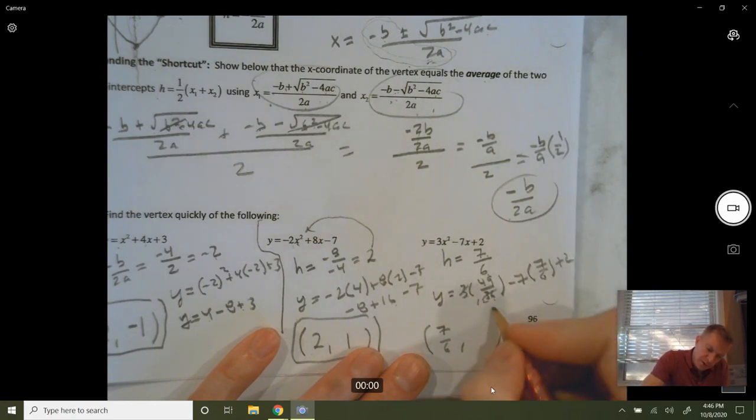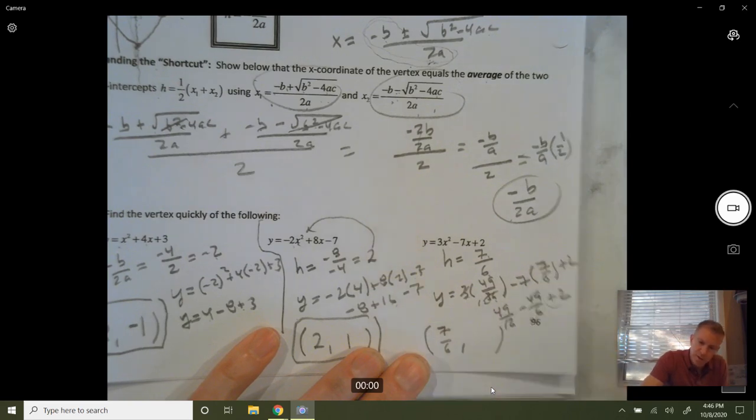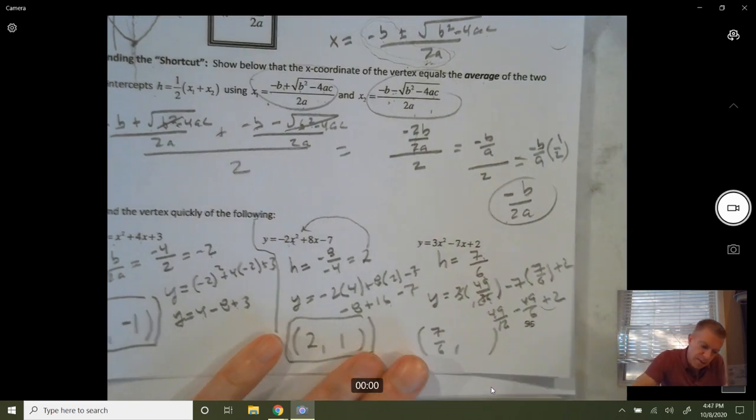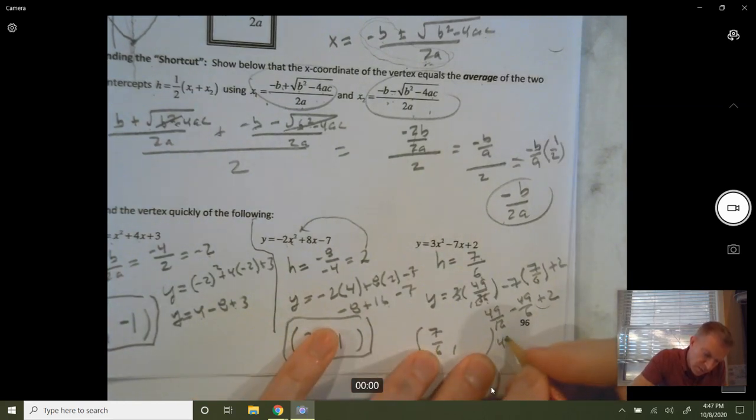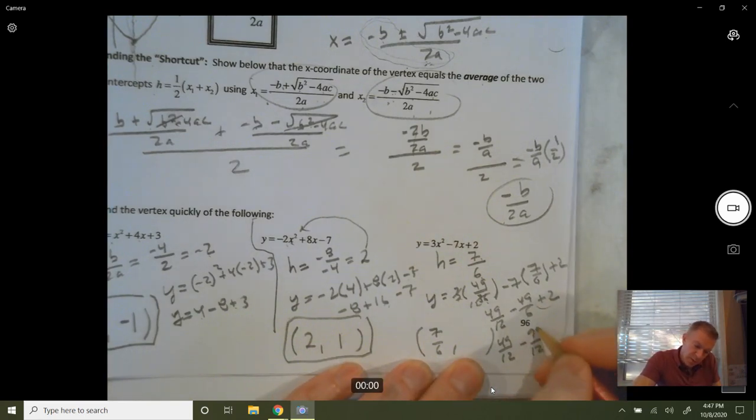So we've got 49 over 12 minus 49 over 6 plus 2. Okay, let's get common denominator. So 49 over 12 minus 98 over 12.